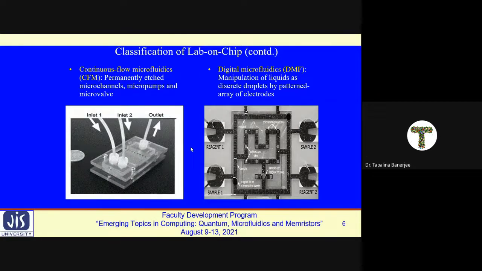One of the essential components in biochemical analysis is fluid sample preparation, which involves the preparation of dilution and or a mixture of several fluids in a certain ratio.